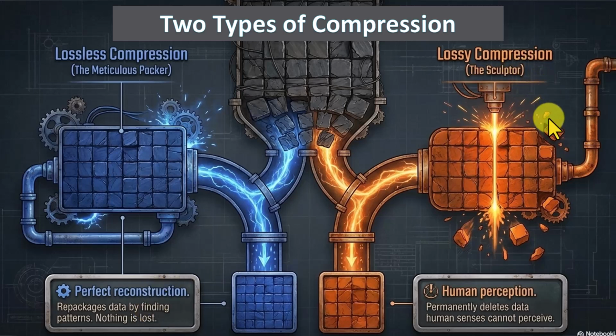Lossy compression is when you reduce the size of the file by deleting some data. It is lost, so that's why it's called lossy compression. Mostly we delete the data which is not perceived by human senses. So let's talk about that in detail.